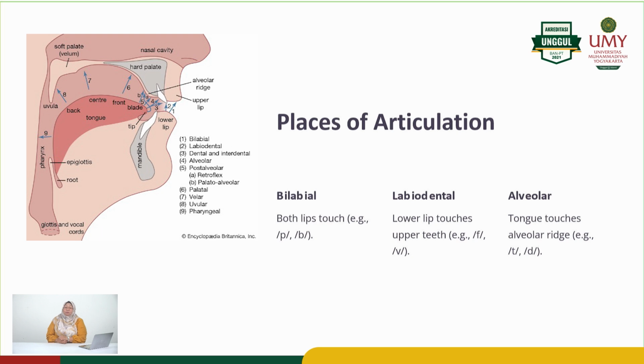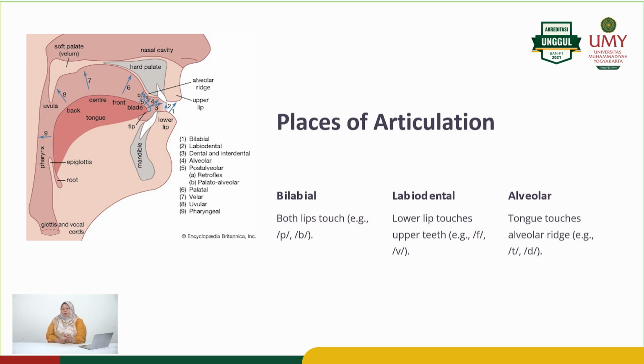Now let's take a look at places of articulation, where sounds are made. Where in the mouth or throat a sound is made, that's place of articulation. Say for example, take bilabial sounds like p and b. We use both lips to produce these sounds, p and b.